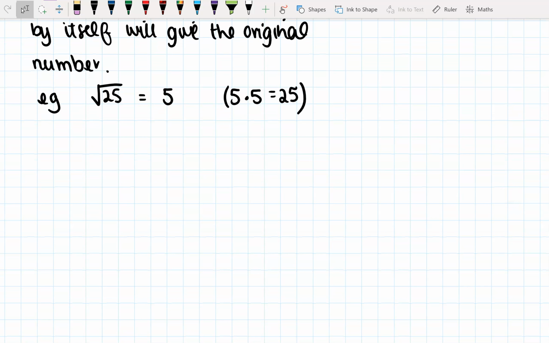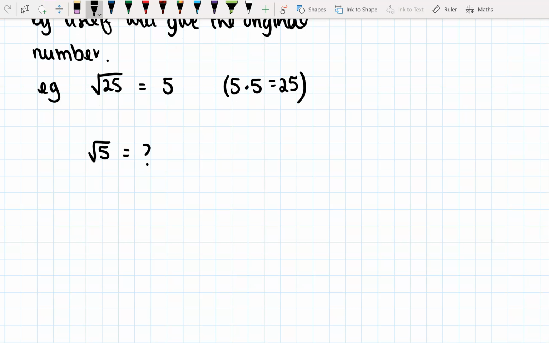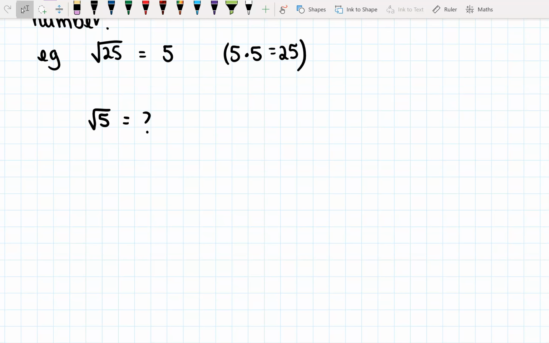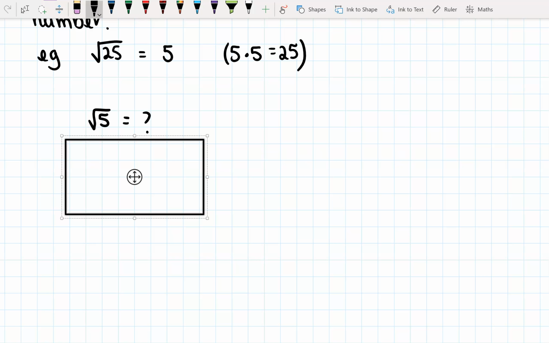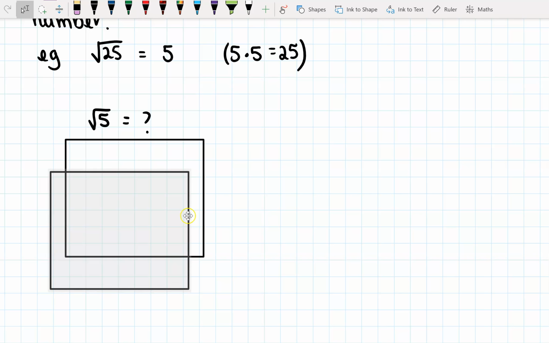For example, if I asked you to find what the square root of 5 is, what does that mean? How do we come up with that number that multiplies by itself to give 5? In practical use, what we actually have is a square.